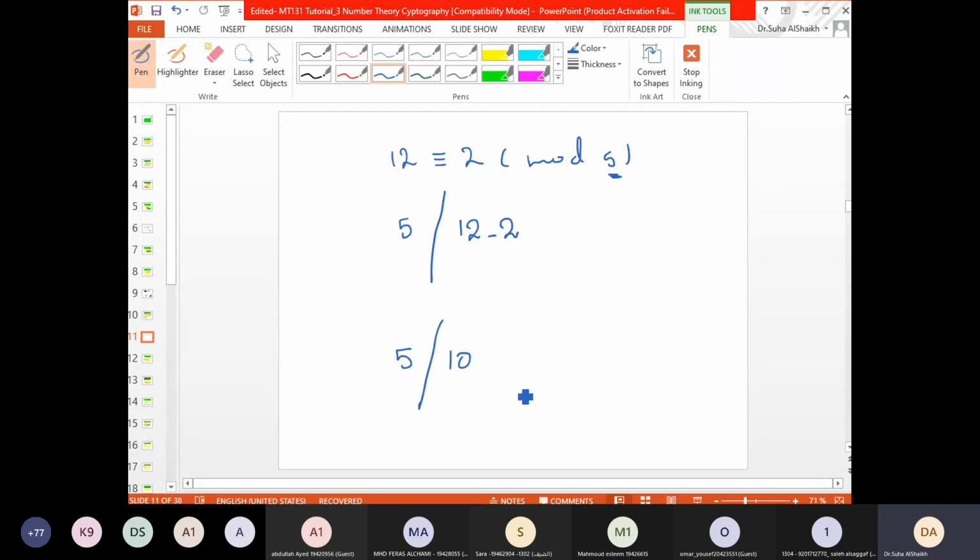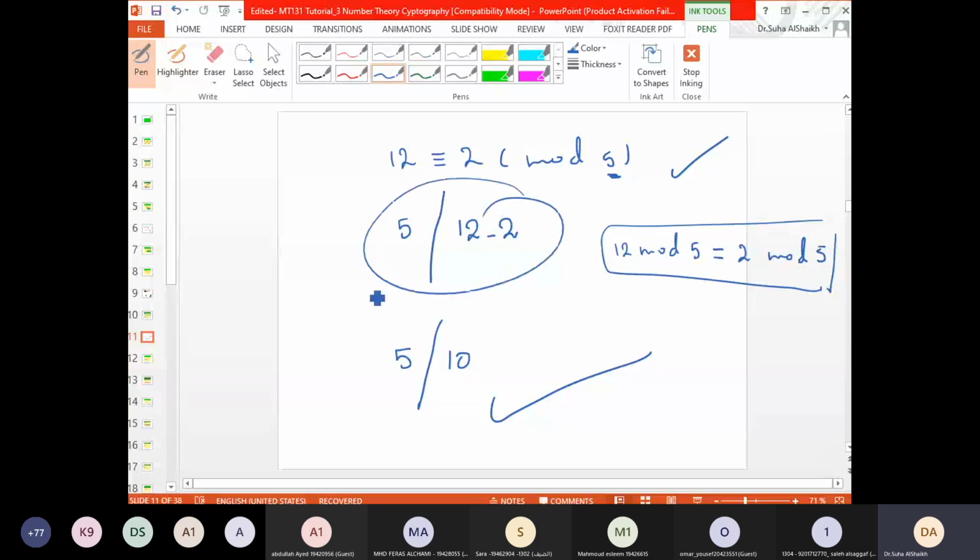Does 5 divide 10? Yeah. So yes, there is congruence between them. It means 12 mod 5 is the same as 2 mod 5, so the remainder is the same in the end. We either use this or this, and usually this is what we use to prove that the number inside divides the difference between the two numbers.